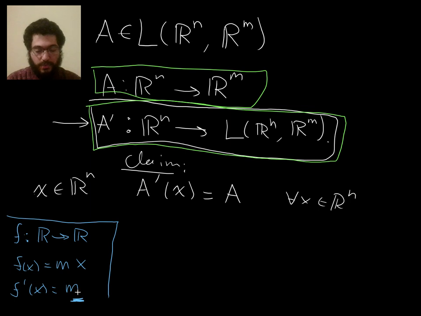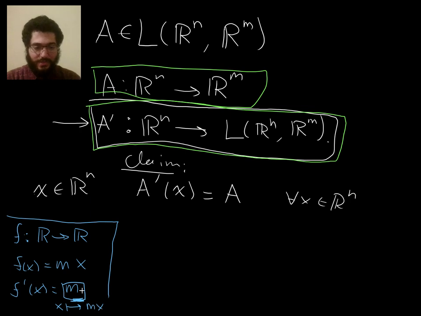Now the way we interpret things is not just that m is a real number, but that m is a map that multiplies things by that real number. And we're seeing the same thing. If you have a linear map A from Rn to Rm, then its derivative is a constant function, taking the constant value, which is A itself. In our new viewpoint, we wouldn't put m here, but we would put instead the thing that maps x to mx, right?